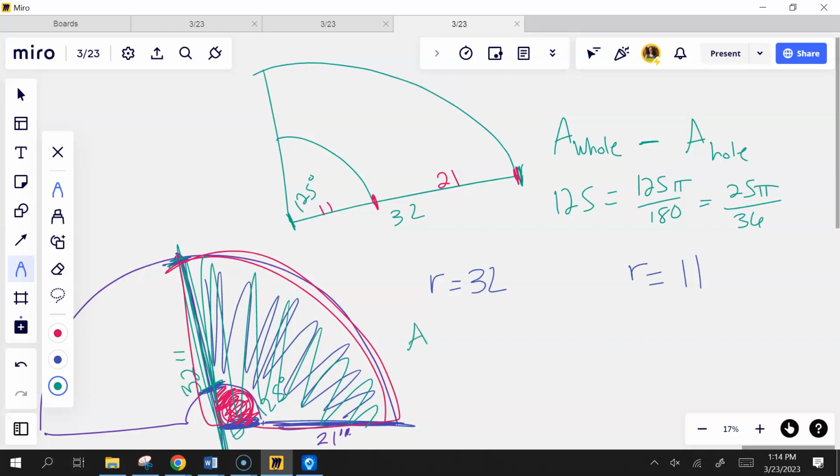All right, so the area of the hole is 1/2 r squared theta. 125 divided by 180. Math enter.